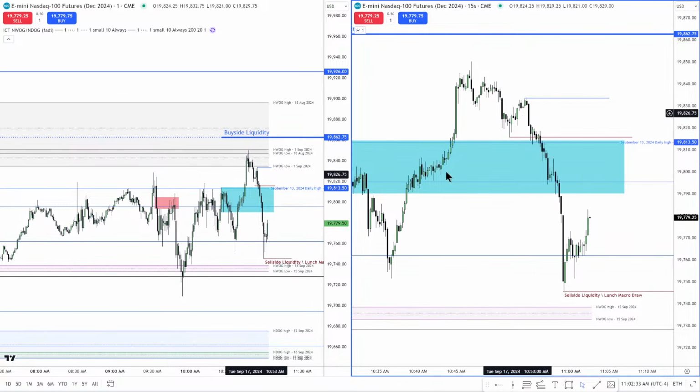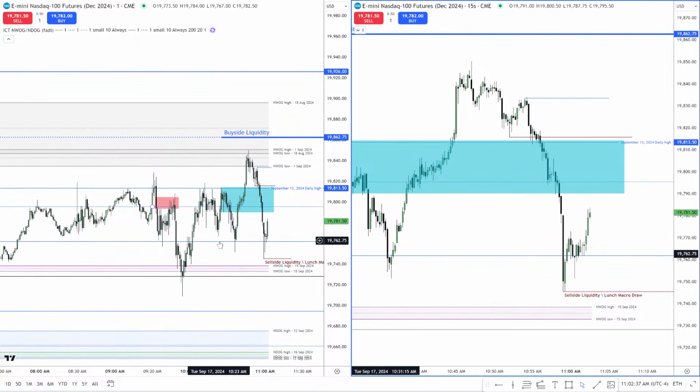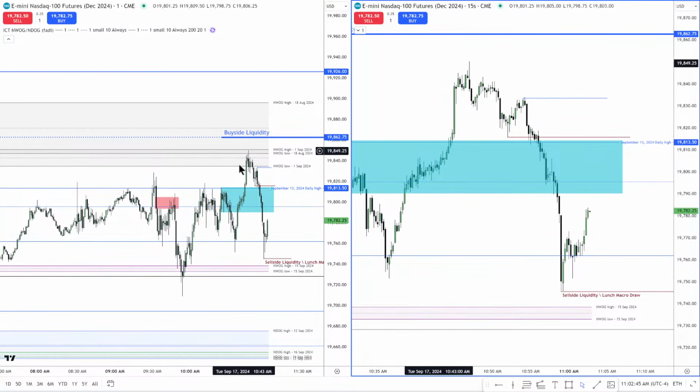Now, because we're below this breaker, low, low, high, lower low, then rallied to new week opening gaps, broke down, went below the breaker here.